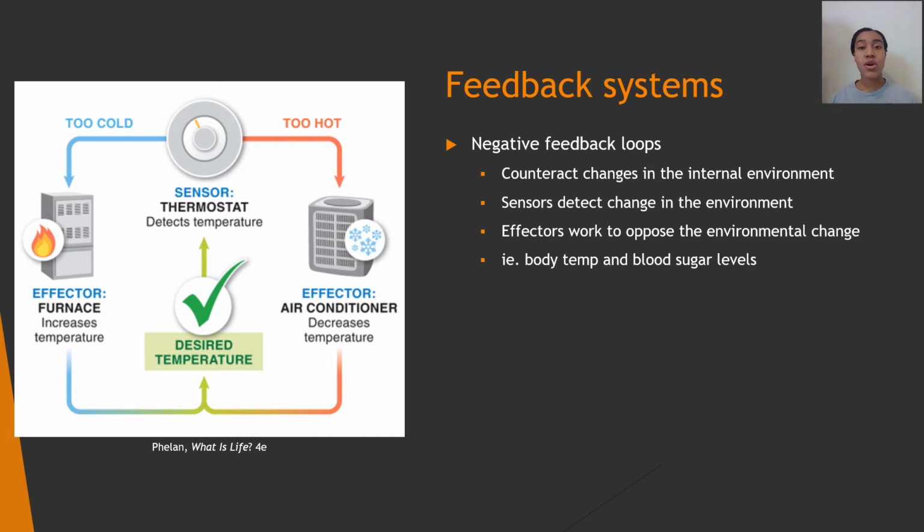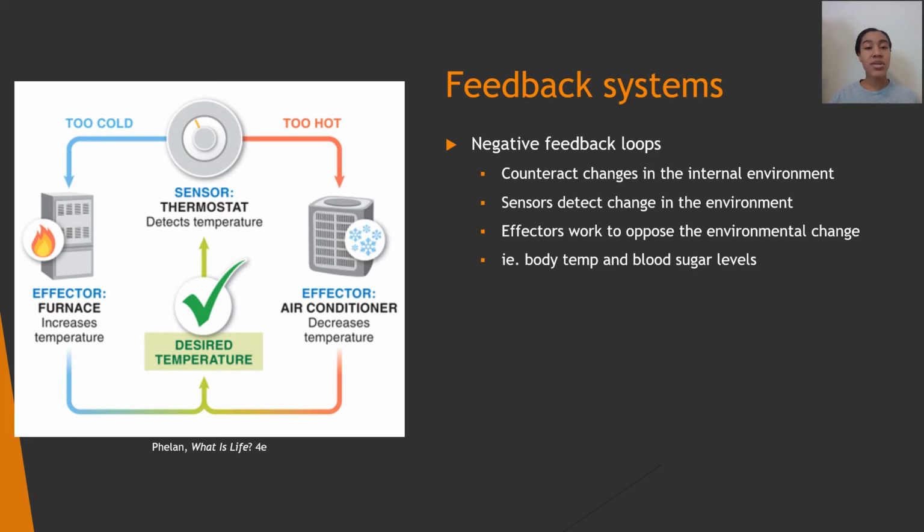Negative feedback loops are the most prominent type of feedback system, and this is basically when a certain environmental stimulus or change in the environment will stimulate a system of events that will counteract that change in the environment to move everything back to the optimum range. And so there are two major components in this system. You have your sensors, which sense the change in the environment, and then you have your effectors. And the effectors are the elements that are working to counteract that change in the environment.